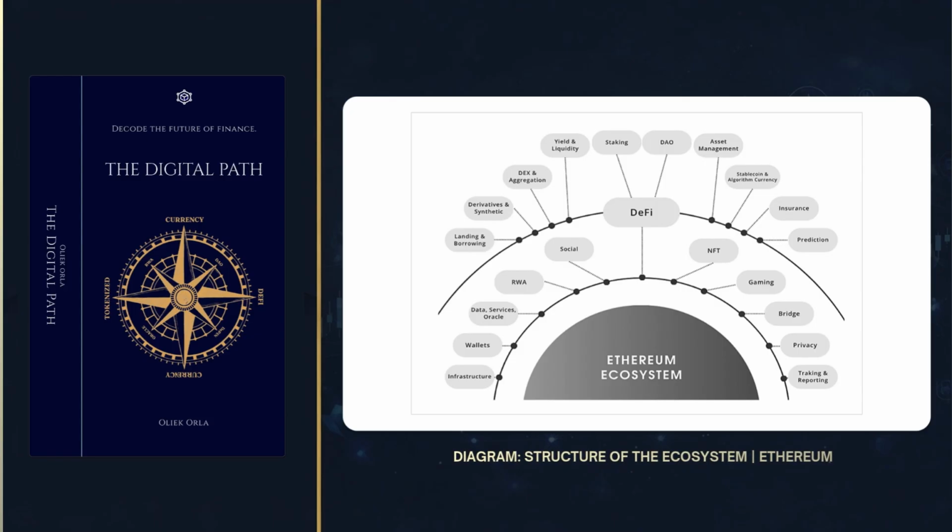Within the network, there are thousands of tokens serving different functions. Governance tokens grant voting rights in decentralized autonomous organizations. Utility tokens provide access to services and protocols, and assets linked to real-world value act as digital equivalents of traditional financial instruments. They differ not only in purpose, but also in economic models, volatility, issuance mechanisms, and use cases.